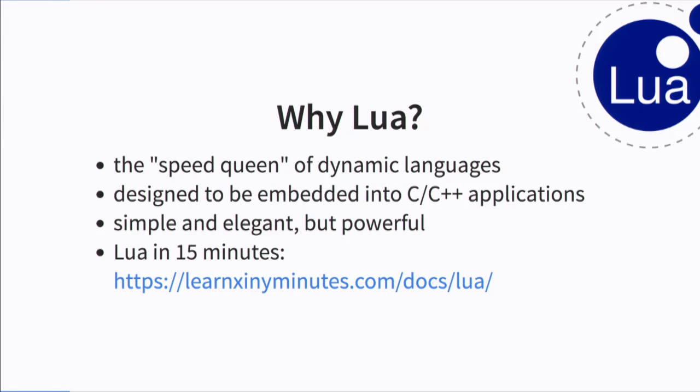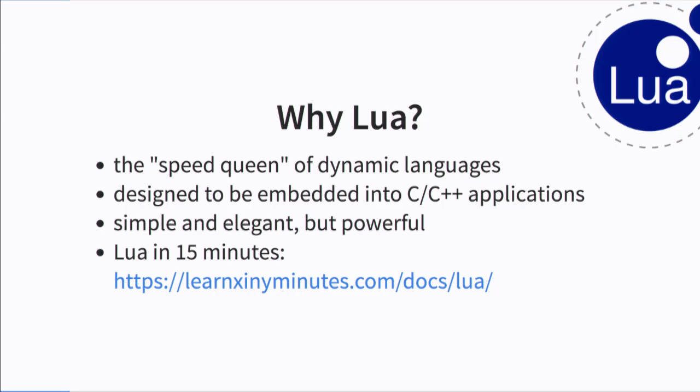Why did I choose Lua to implement scripting? The major reason is that Lua is incredibly fast for a dynamic language. Some people call it the speed queen of dynamic languages. It is also designed to be embedded into C or C++ applications. There's a simple, straightforward protocol that one can use to call Lua code from C code and vice versa.